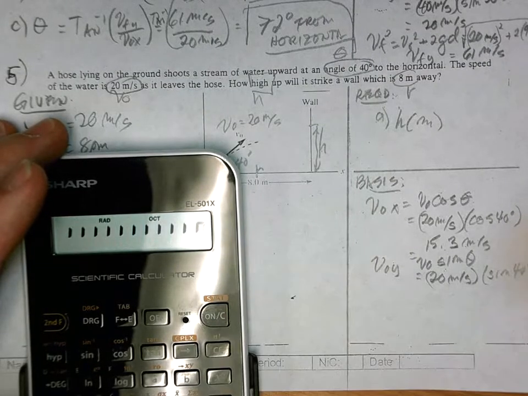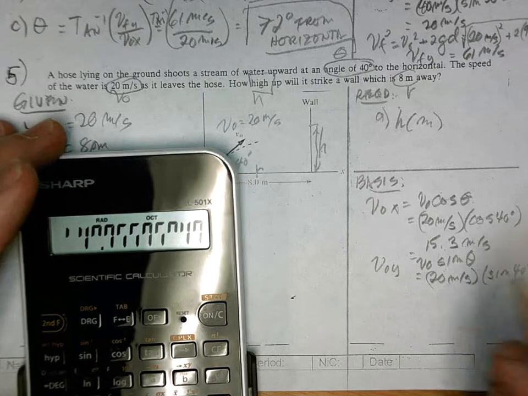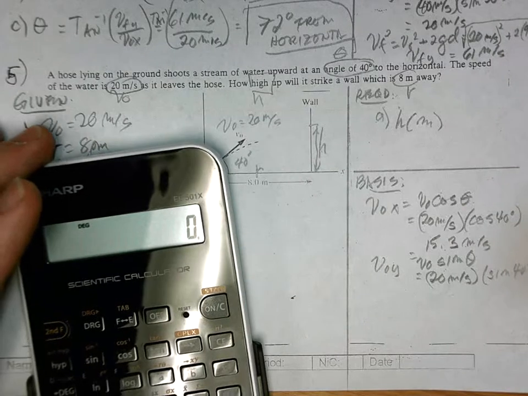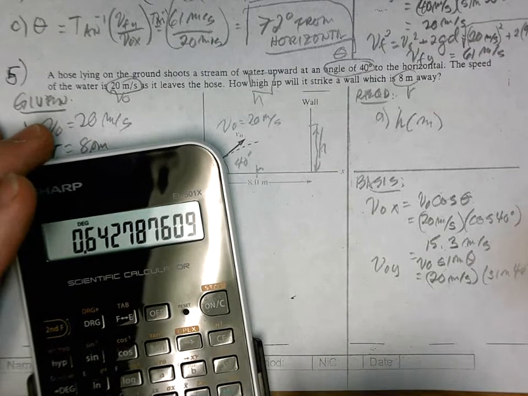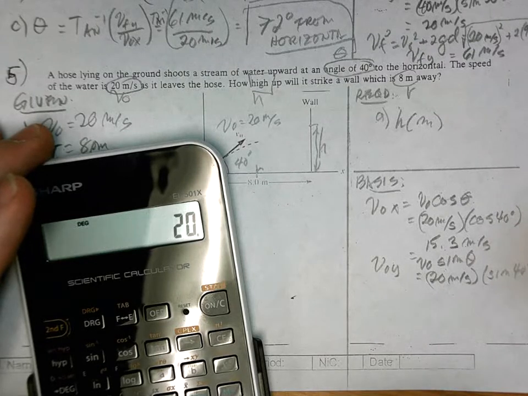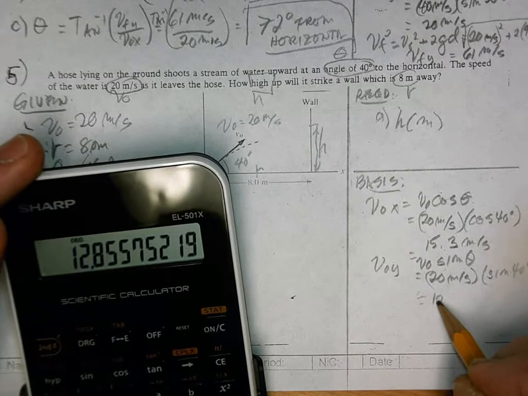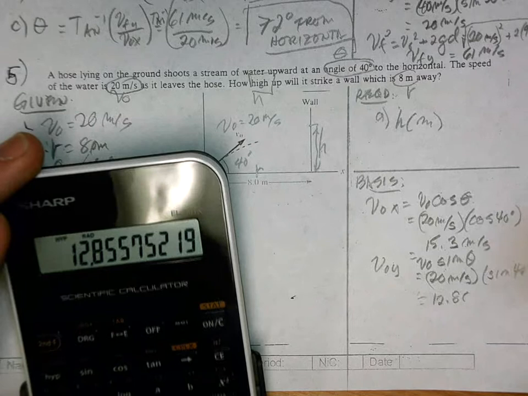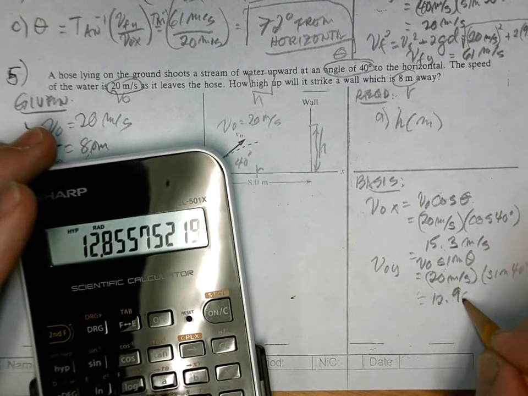Okay, so 40 sine times 20 equals 12.9. I wouldn't go beyond 1 decimal place.